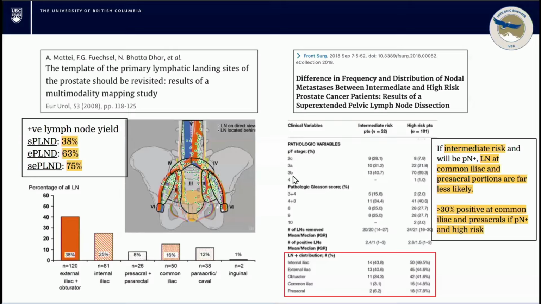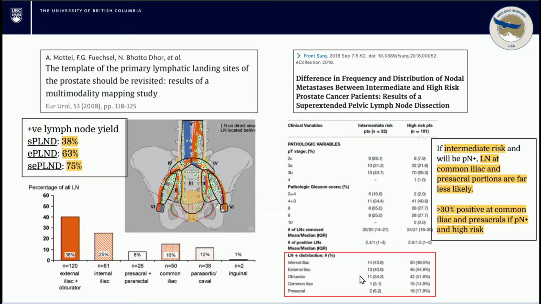Another thing I was interested in personally was if there was a difference in the distribution of lymph node mets based on your risk category of prostate cancer. So this is a Frontiers paper this time from 2018. It's a retrospective review of 600 patients getting super extended dissections, and 130 of those people had positive lymph nodes. And of the patients who ended up being PN positive, everyone had a predilection towards the extended template regions that would be harvested, the internal iliacs, the external iliacs, and the obturator.